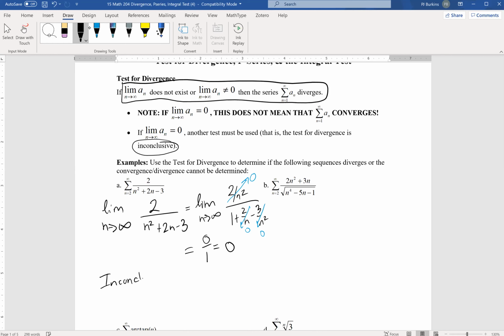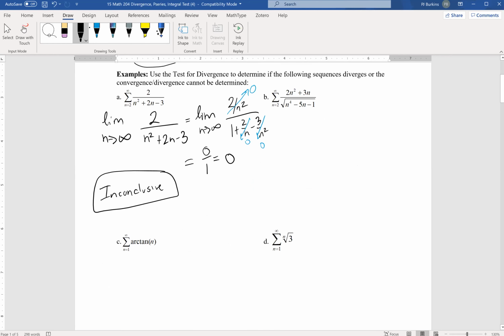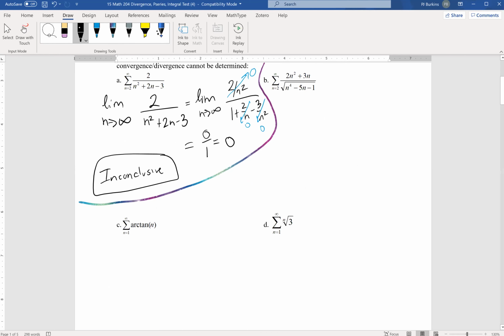It probably would have been best to treat this as a telescoping and try that. So if you have time today, you can try that and see what happens. I think I'll leave this one again for you.